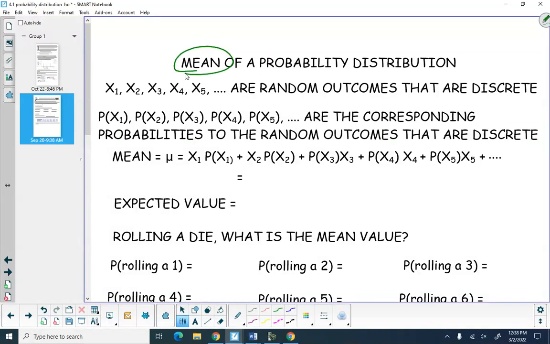We can calculate the mean of a probability distribution. We have x1, x2, x3, x4, x5. These are the outcomes, whatever the outcomes are. This is your sample space.